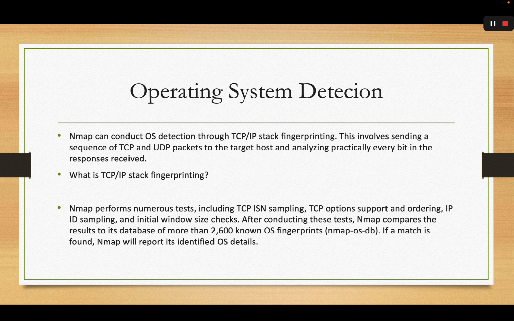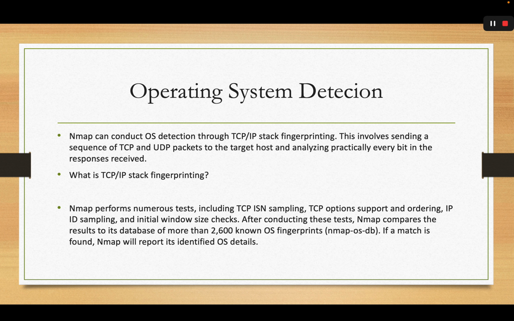It works by sending a series of packets to the target host and examining the characteristics of the responses, such as the order, the presence of specific TCP or UDP options, and the values of IP and TCP fields. By comparing these characteristics to a database of known fingerprints, the technique can identify the specific operating system or even the version being used by the target system.